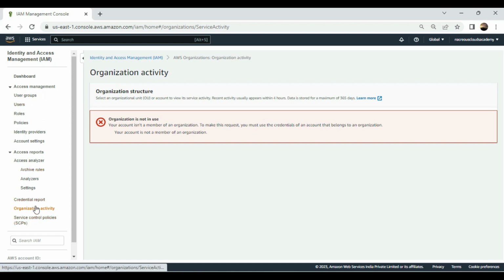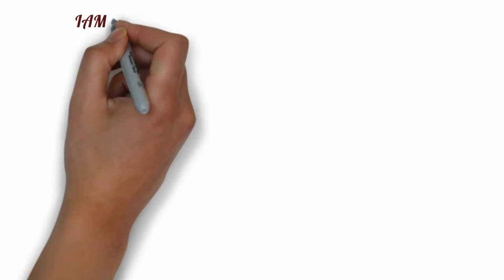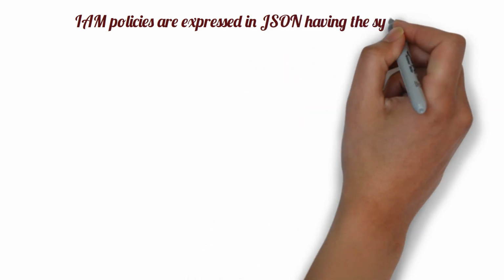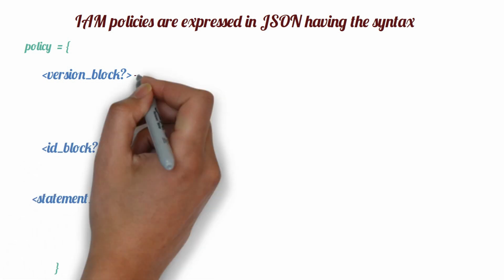Now that we have seen all different options under the IAM console, let's quickly understand how policies are generated using the policy language. IAM policies are expressed in JSON, having the syntax below. A policy starts with a version block, ID block, and a statement block.